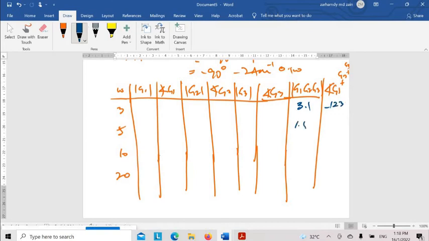We have 1.6, jadi 1, 4, 3 negative. So 0.5, 180, 0.1 negative 126.